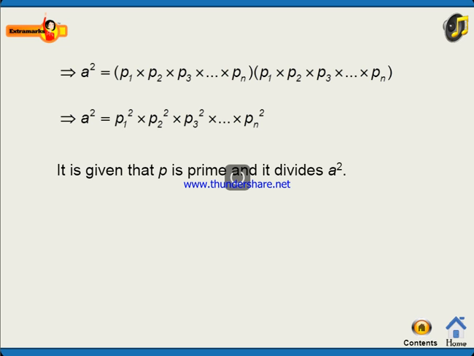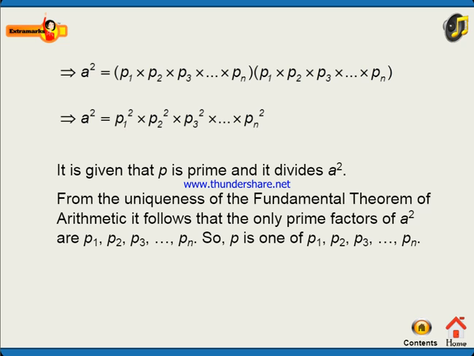It is given that p is prime and it divides a square. From the uniqueness of the fundamental theorem of arithmetic, it follows that the only prime factors of a square are p1, p2, p3 and so on till pn. So p is one of p1, p2, p3 and so on till pn. Since a is equal to p1, p2, p3 and so on till pn, p divides a.